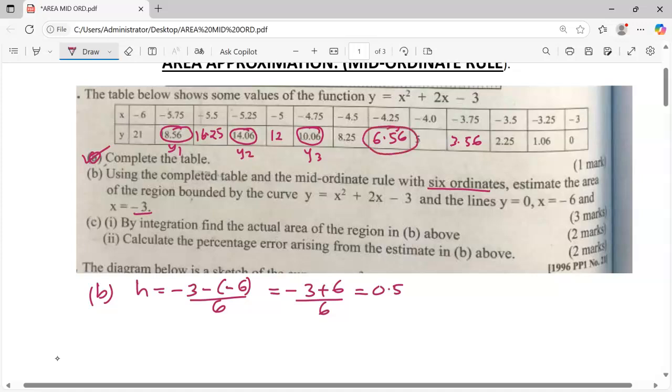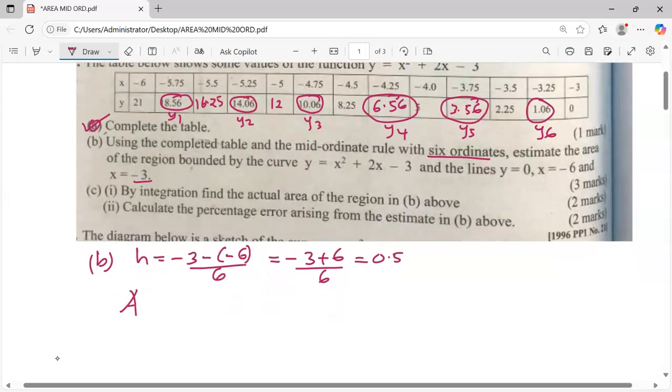Then the fourth one, which is 6.56, we call it y4. Then this one is y5, and lastly, this one becomes y6. From there, we get the area by using the formula A is equal to h into the sum of y1, y2, y3, y4, y5, and lastly y6.